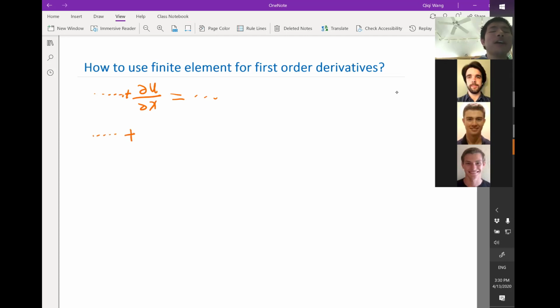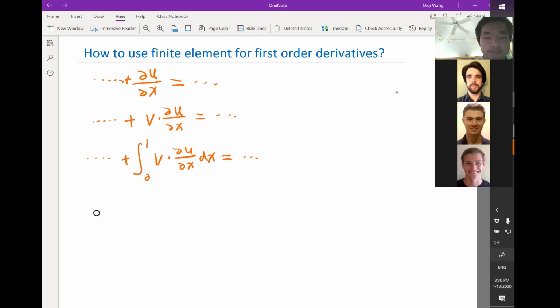So you have the other terms multiplied by v plus this first order derivative term times v, equal to, again, everything multiplied by v, and all the things integrated over the domain plus this term integrated over the domain. So that is basically zooming in, focusing on just the first order derivative term.